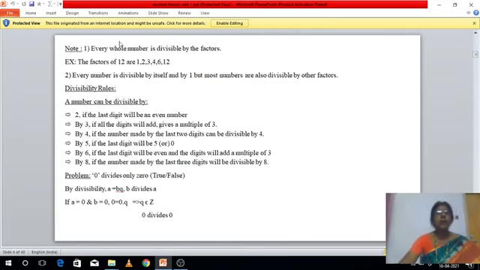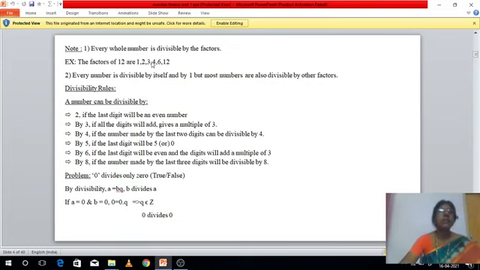Here you observe every whole number is divisible by its factors. For example, the factors of 12 are 1, 2, 3, 4, 6, 12. And 12 can be written as 1 into 12 one way, 2 into 6 another way, 3 into 4 another way. Total factors are these. So 12 is divisible by any of these factors. If we divide 12 by 2, you get remainder 0.